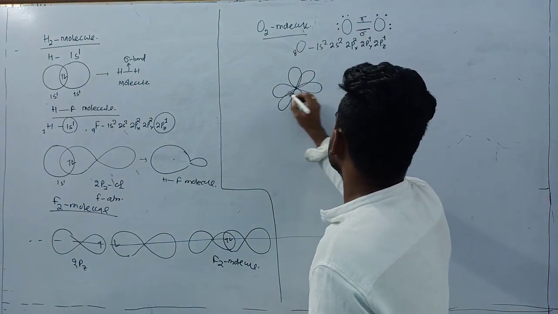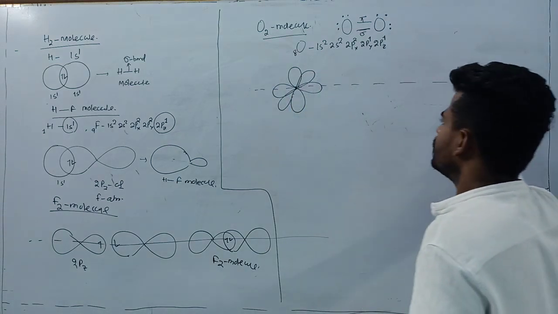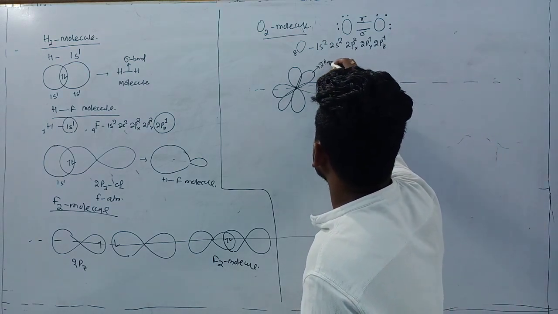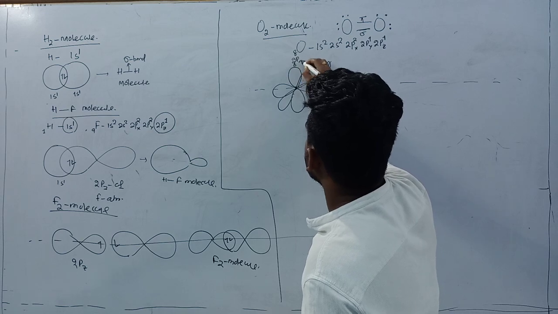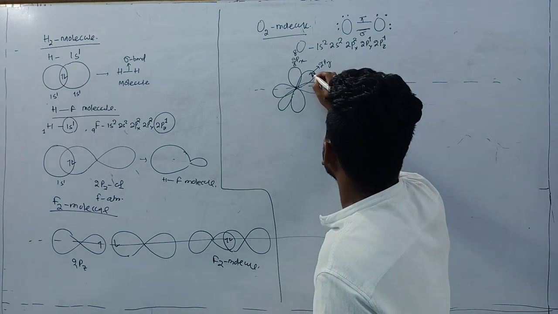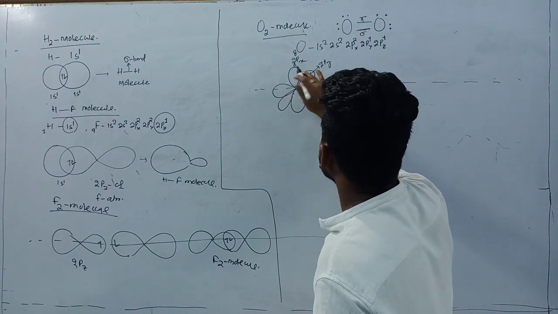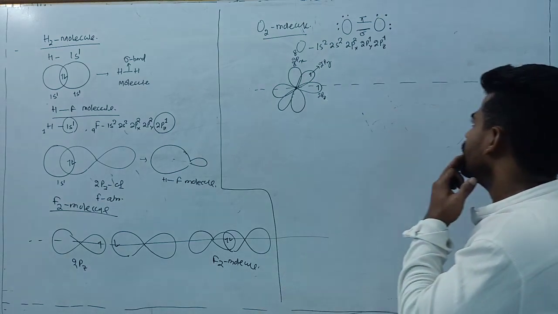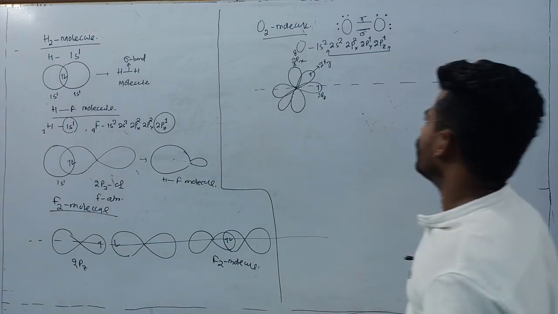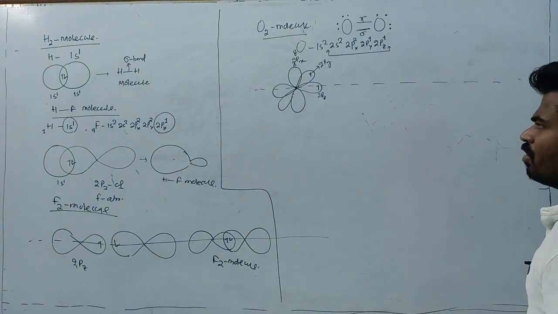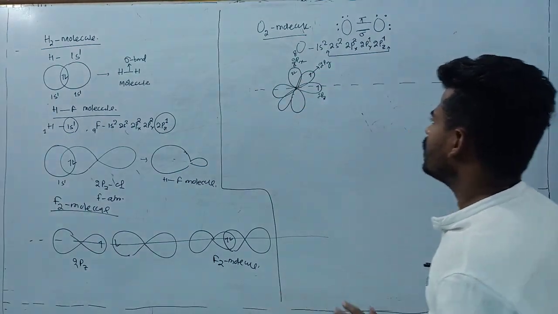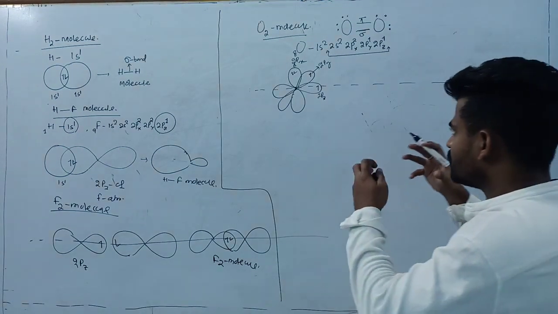This one is 2pz, and this is its internuclear axis. This one is 2py and this one is 2px. 2pz has one unpaired electron, 2py has one unpaired electron, and 2px has two electrons. This is its valence shell, the second orbit. So 2px has a lone pair, we forget about that, and let us focus on its bond formation.